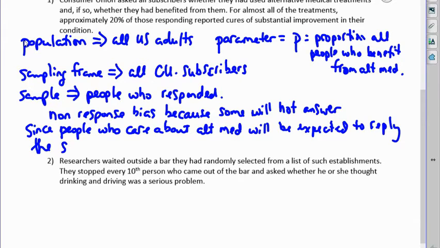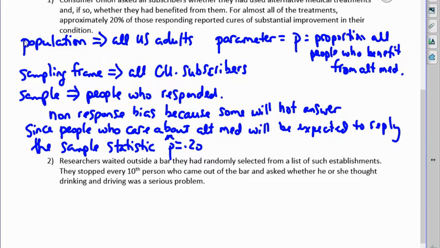The sample statistic, right? Statistic being the sample value, which is P, and actually we put a hat on it to show that it's a sample value. The P hat of 0.20, what do you think that means? I think it means that it's over-predicted the number of people who like alternative medicine, because the people who like alternative medicine probably are more likely to care and are going to reply.